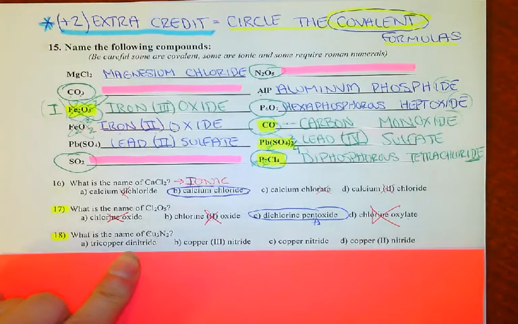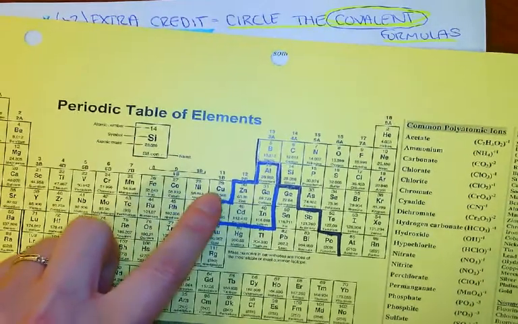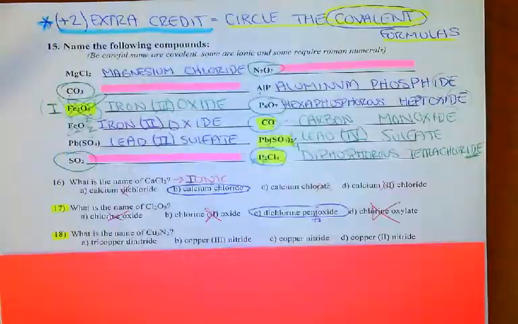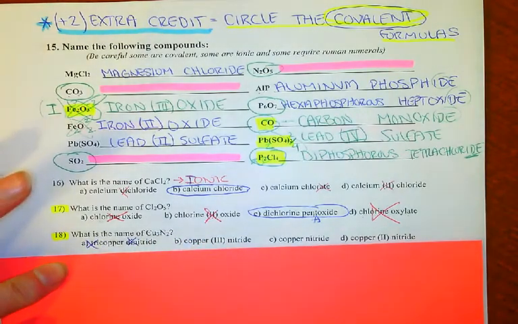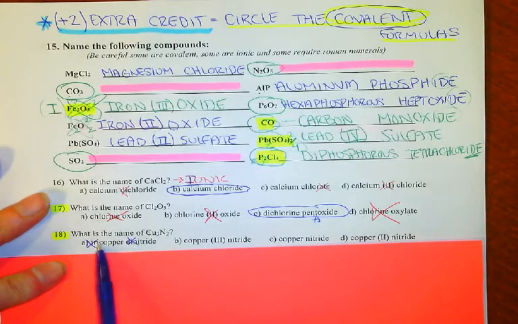Cu3N2. The first thing we have to check is, is it ionic or covalent? Because copper is a metal, I cannot use covalent prefixes. Mono, di, tri, tetra, those are off limits for this problem. So tricopper dinitride is a garbage answer, and I can get rid of that right away. I can promise you a lot of people are going to try to name it covalently.